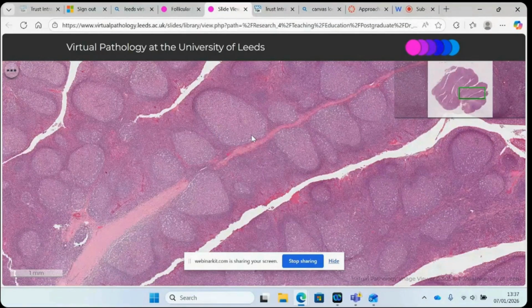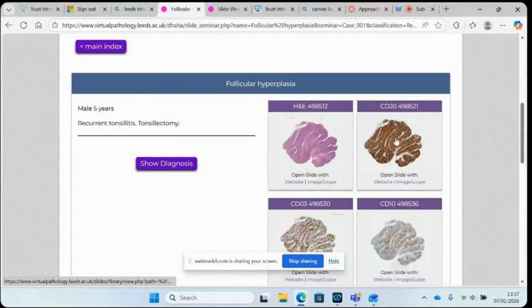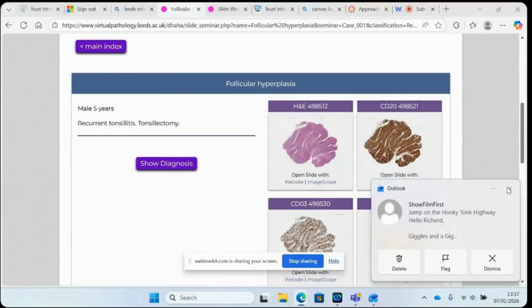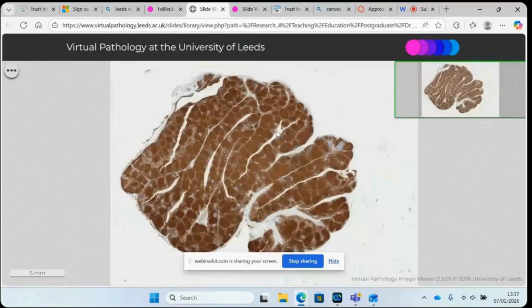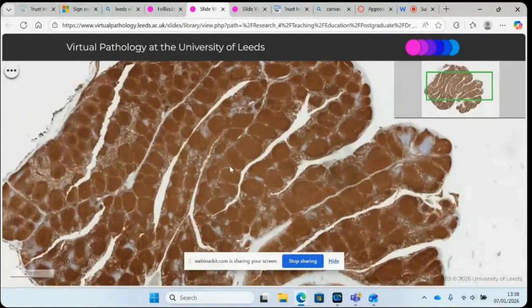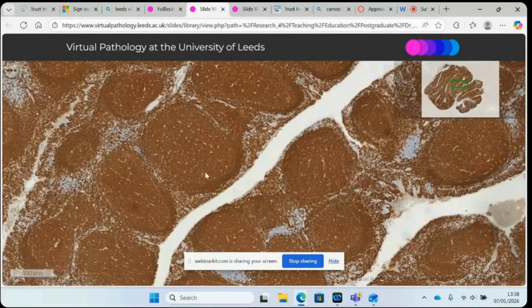Now, I have seen reports that you can get tingible body macrophages in follicular lymphoma, but it's very rare, and you would only see it maybe in 1 or 2 of the follicles within the follicular lymphoma. So if you see something like this, it's definitely reactive. In terms of the immunos, obviously the follicles are positive for CD20.